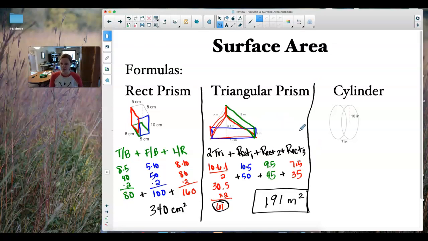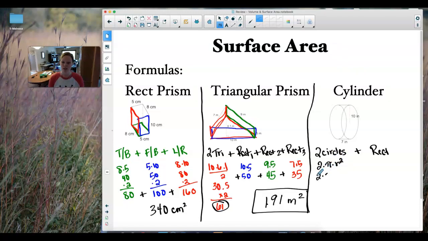Okay, then the cylinder, the surface area really ends up being our 2 circles plus the rectangle or the curved surface. Remember, this curved surface lays out to be just a rectangle. So if we start with the 2 circles, we have 2 times pi times radius squared because we need the area of a circle and then multiply it by 2.